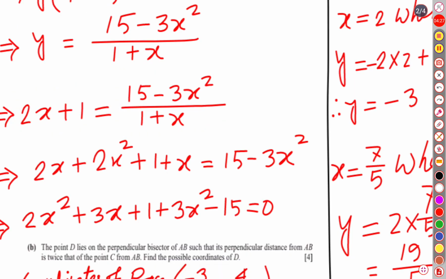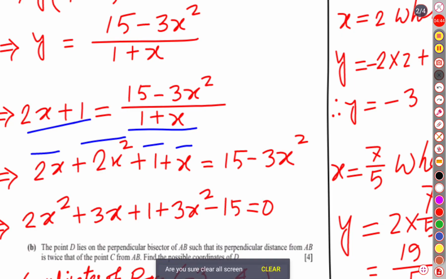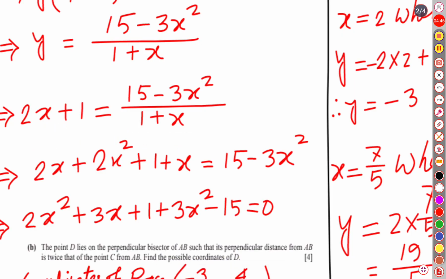By doing cross multiplication, this will be multiplied by 1 plus x. So after multiplication, we got 2x plus 2x squared plus 1 plus x. And on the right side, as there is nothing under the numerator, there is 1. So 15 minus 3x squared.